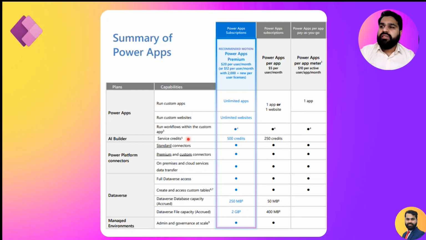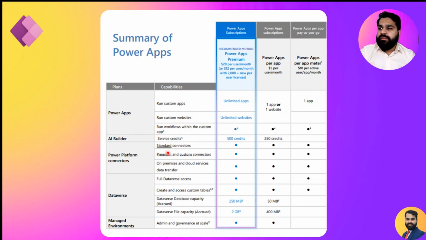These are some of the AI Builder capabilities. For that, 500 credits are loaded to the organization for any user who has the $20 Power Apps Premium license.